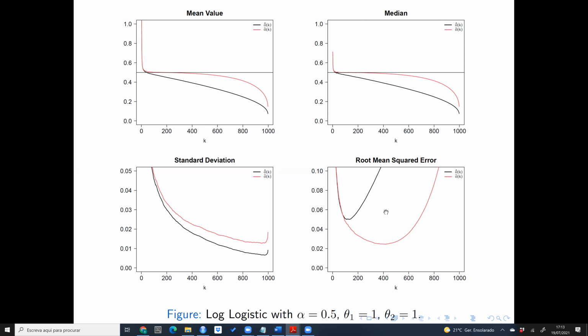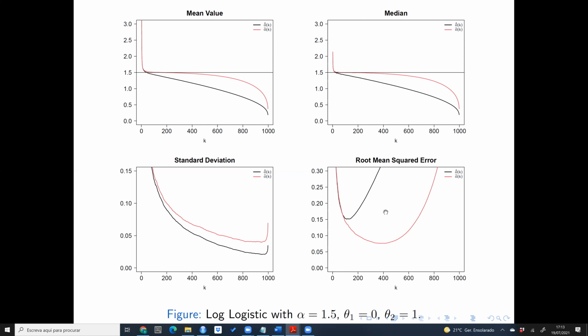We consider another log logistic distribution with shape parameter equal to 1.5, location parameter equal to 0, and scale parameter equal to 1. And the results that we achieved are the same as for the other log logistic distribution that we considered.